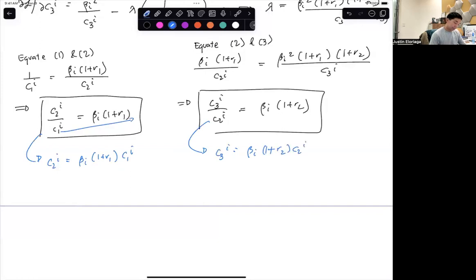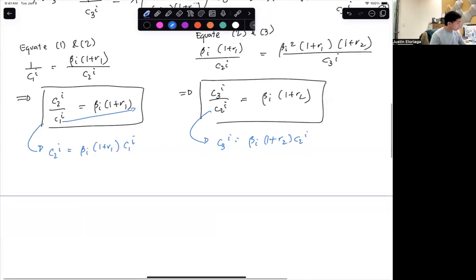So I basically now have an intermediate form for what these two values should look like. Then I'm going to appeal to my market clearing conditions.